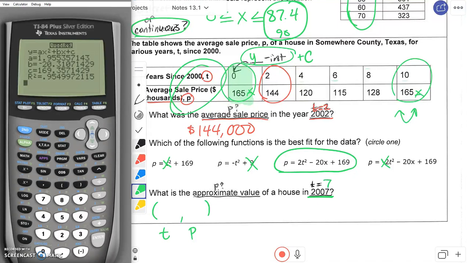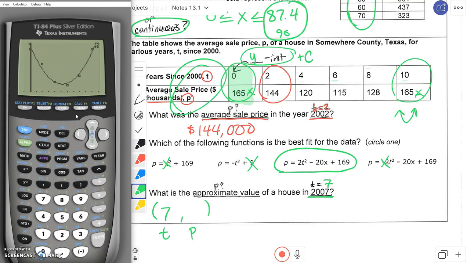It's been 7 years since 2000, so I'm going to look for 7. I'm going to go check my y equals, make sure it's there, and you know what? I want to see this. So let's go zoom 9. Ooh, how pretty. And see again, it's not perfect, but it's pretty close. So that's why it's that approximate value of it.